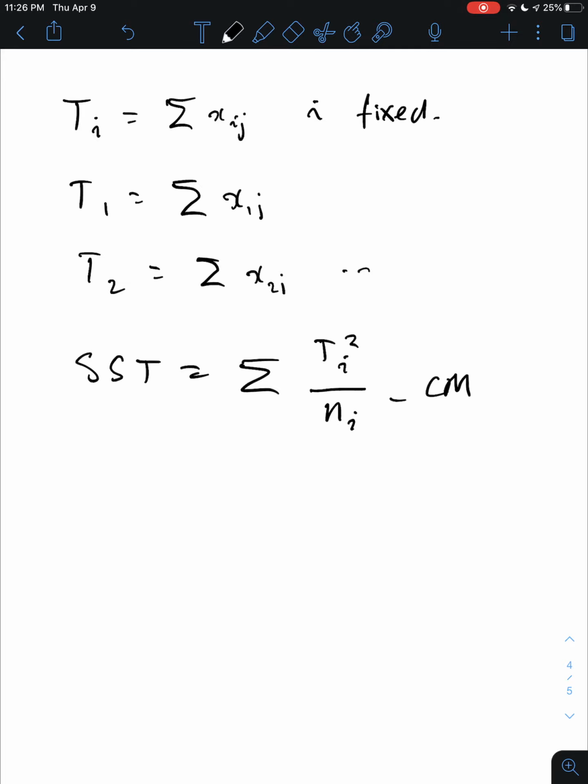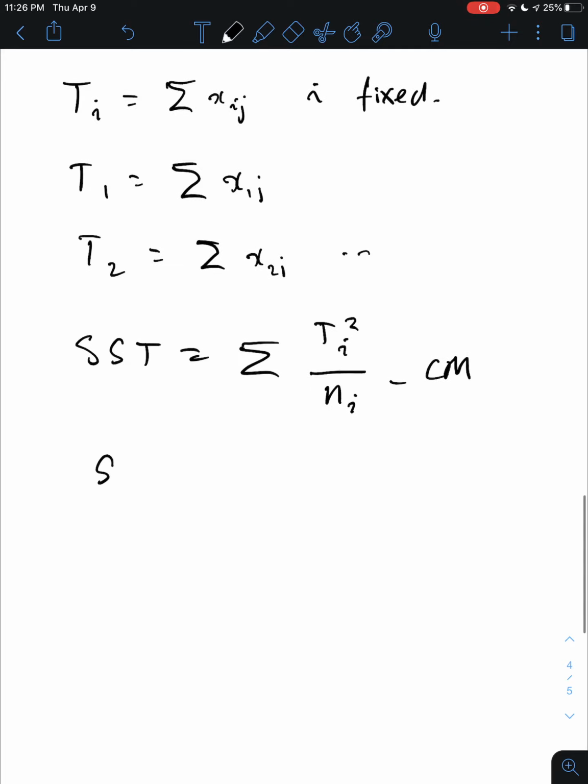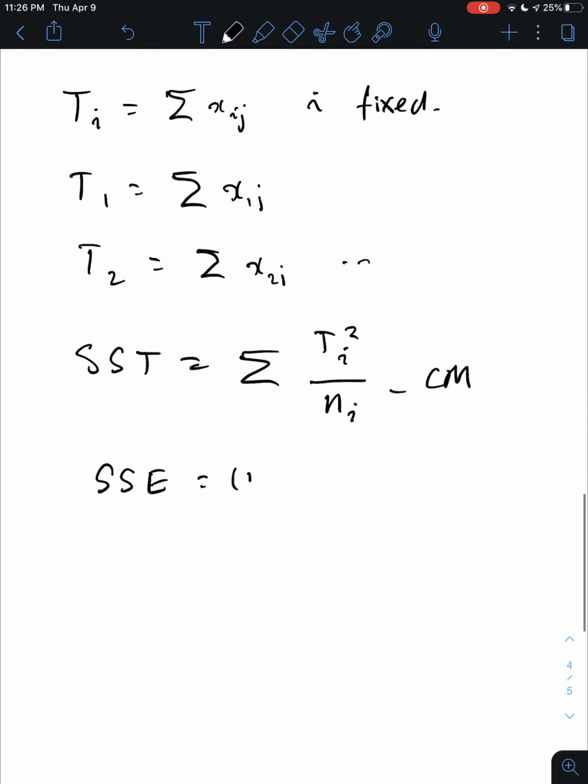Okay, finally, last one, the sum of squares associated with the error, and that is a very difficult formula to calculate.